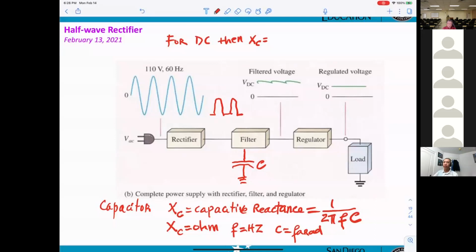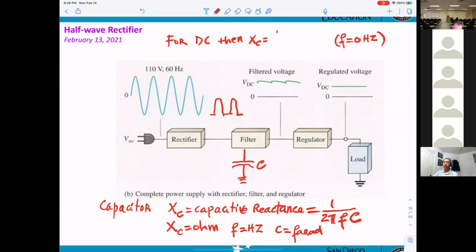1 over 0. There's no frequency. 1 over 0 equals what? Infinity. Okay, you're good. For DC, you understand F is 0 hertz, right? Yes, sir. DC has no frequency.